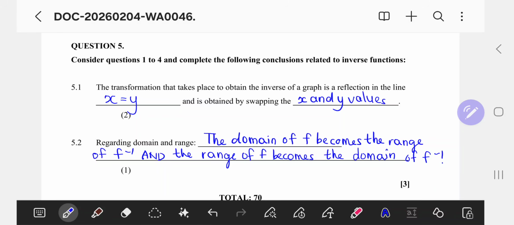So everything gets swapped around to draw your inverse, including range and domain of f. The domain of f becomes the range of f to the minus 1, and the range of f becomes the domain of f to the minus 1.